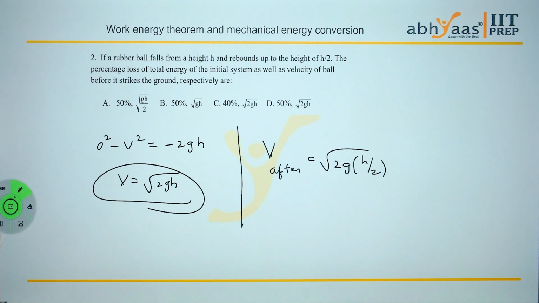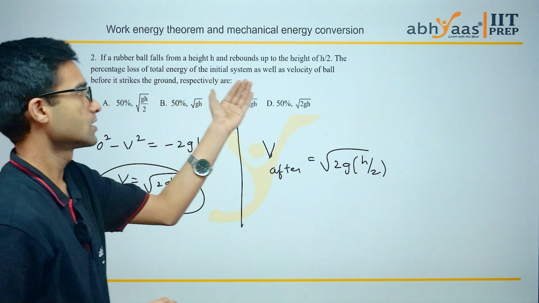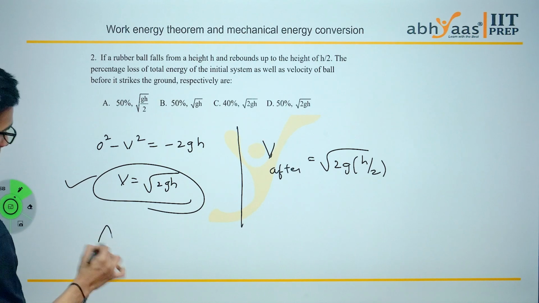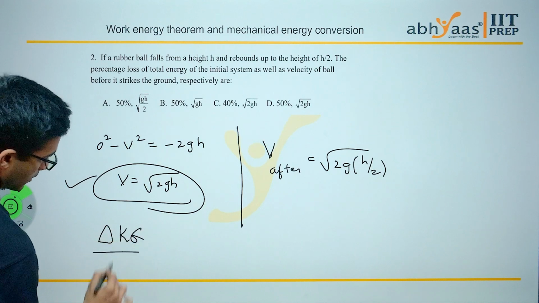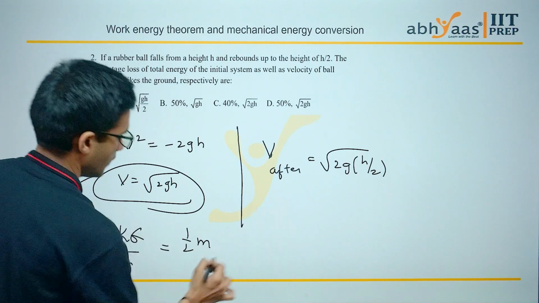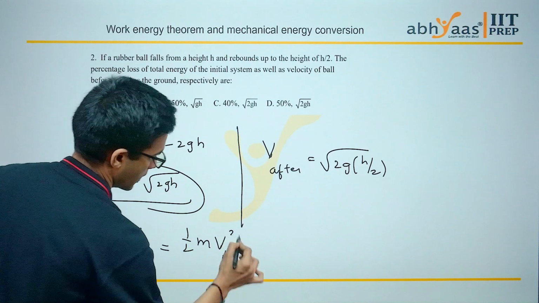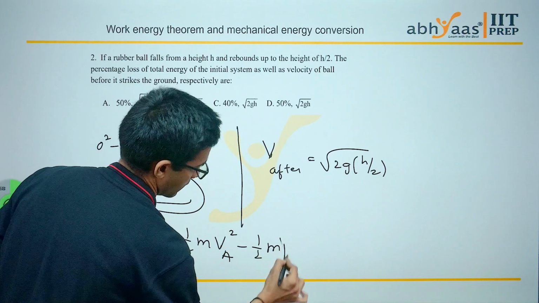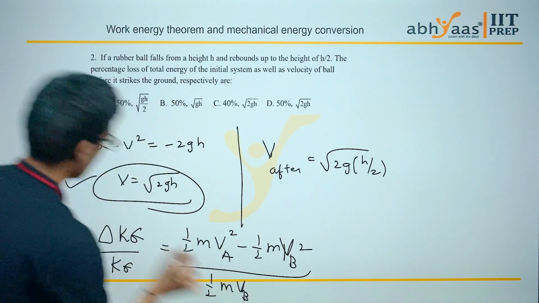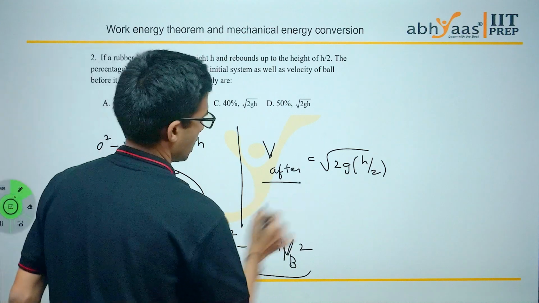Okay, so what is being asked? The percentage loss of total energy of this initial system, as well as the velocity of the ball striking the ground. The velocity of the ball striking the ground we got as root 2gh. But for the loss of total energy, that means ΔKE by KE. Taking after as A and before as B: ½ m vB² minus ½ m vA², divided by ½ m vB².